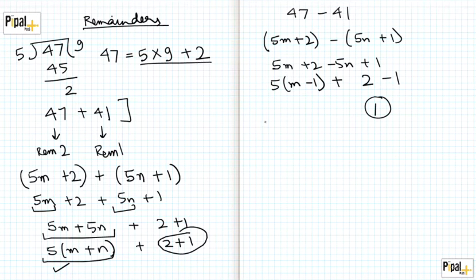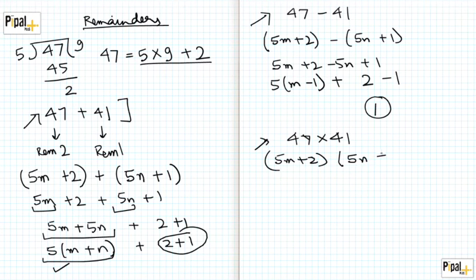Now let's see what happens when I multiply two numbers. Let's say I am multiplying 47 and 41. I need to find the remainder for this product. Now 47, like I expressed it earlier, is 5m plus 2, and 41 is 5n plus 1.